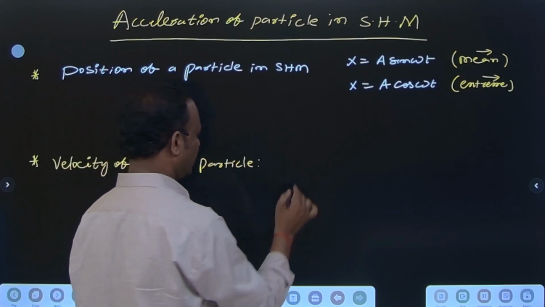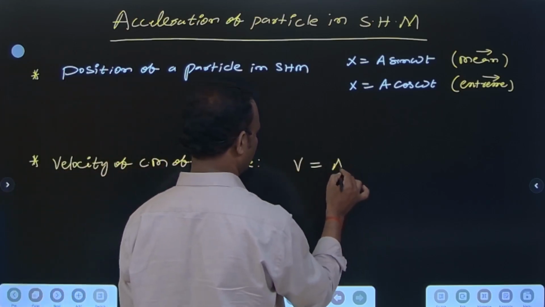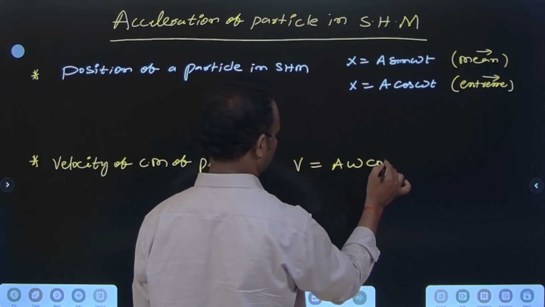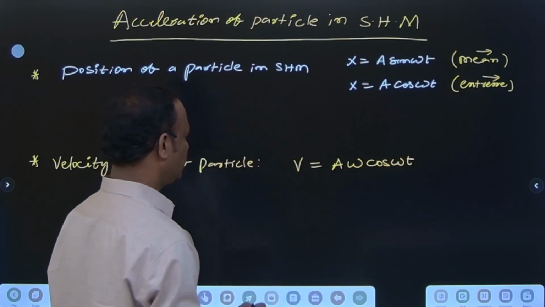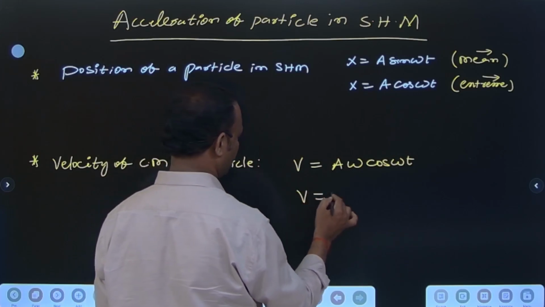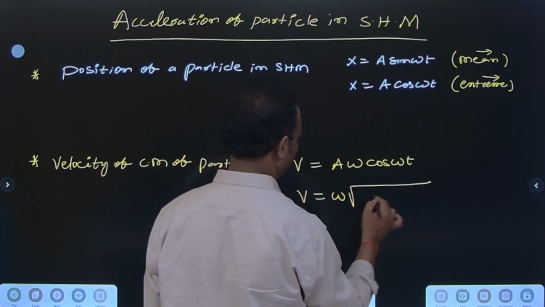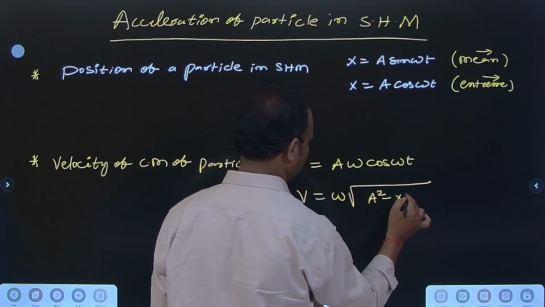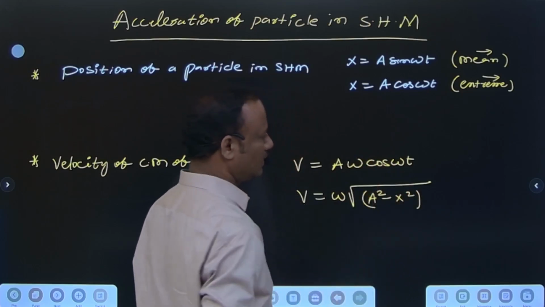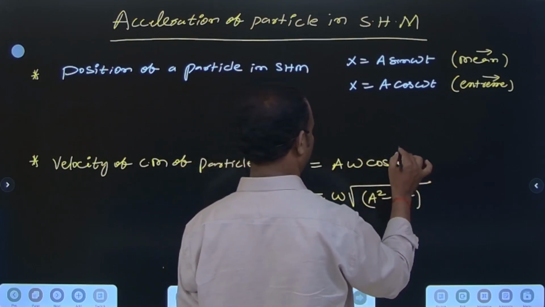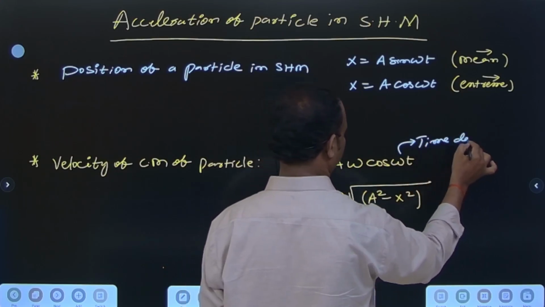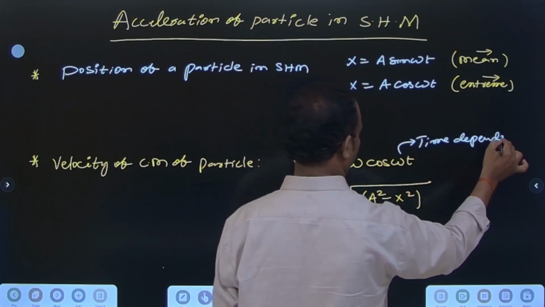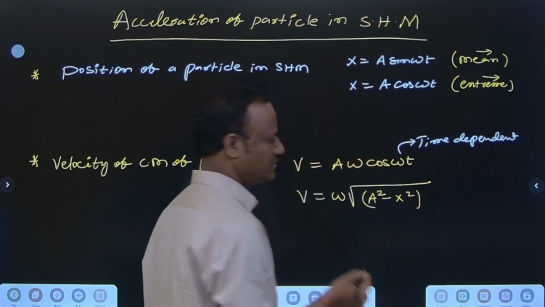We have written that V is equal to A omega cos omega t. Also, V is equal to omega under root of A square minus X square. The first is time dependent.